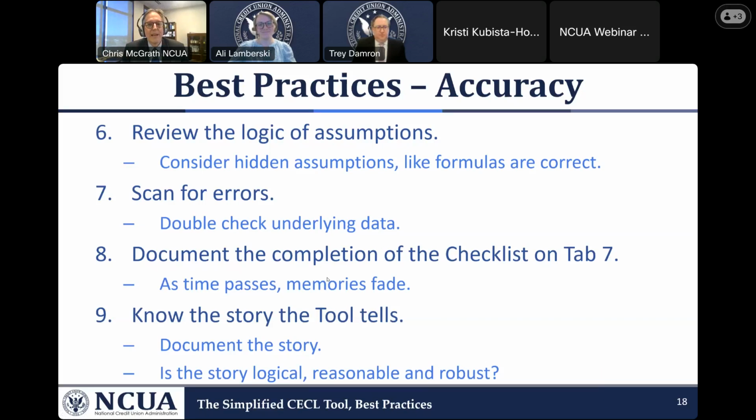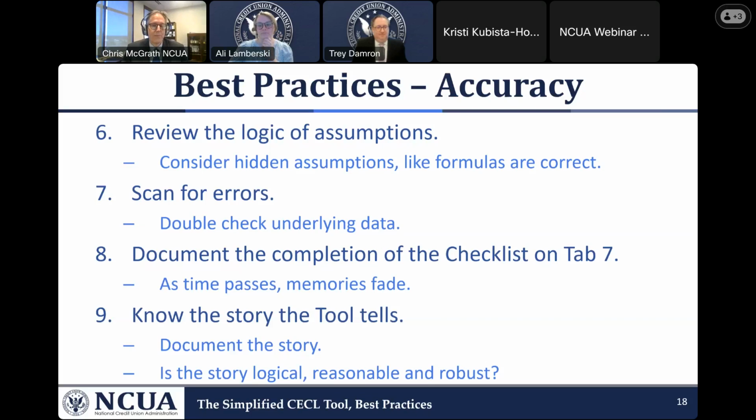For 7, check your inputs and have a second set of eyes review numbers, especially those values for loans that are individually evaluated. For 8, please carefully complete the checklist on tab 7 and make sure you have support for each step. There is an internal control saying that if it's not documented, it doesn't exist.